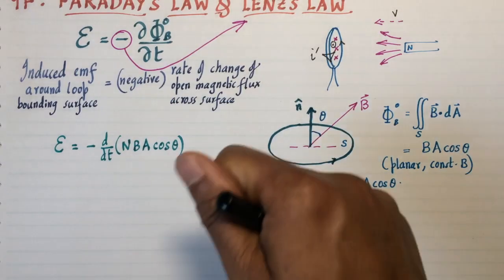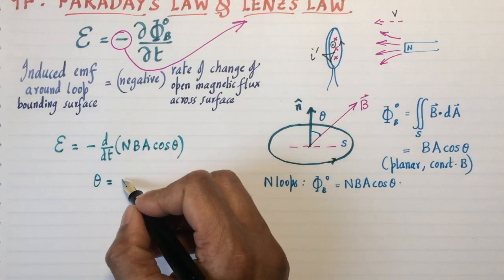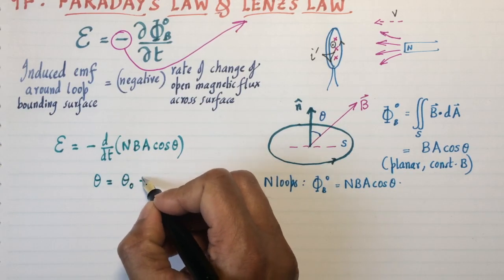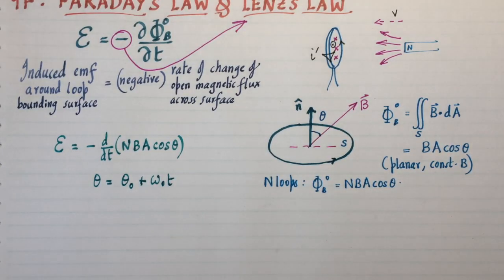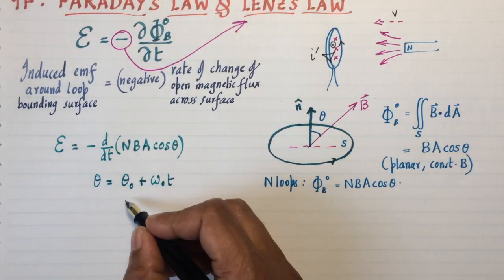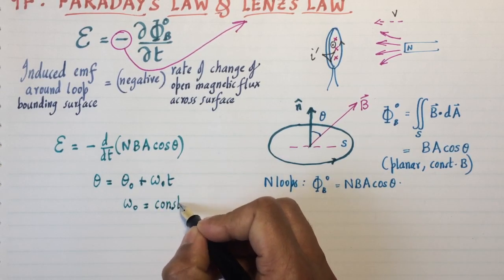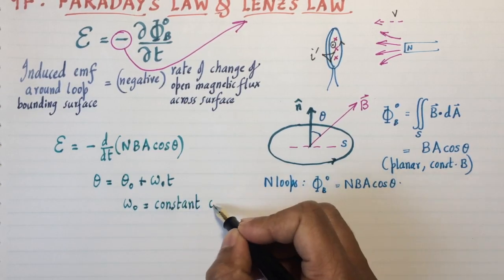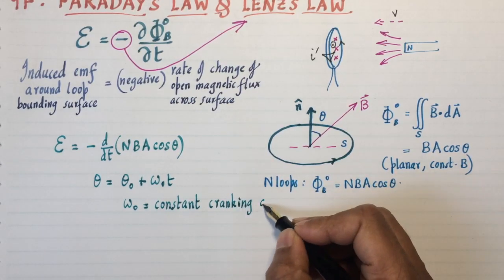So in a generator, you're turning a crank. Theta is going to be some initial angle theta naught plus omega naught times t, where omega is the angular frequency of cranking. So omega naught is constant cranking frequency.